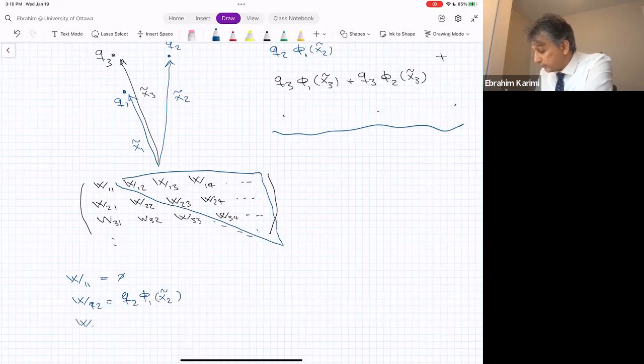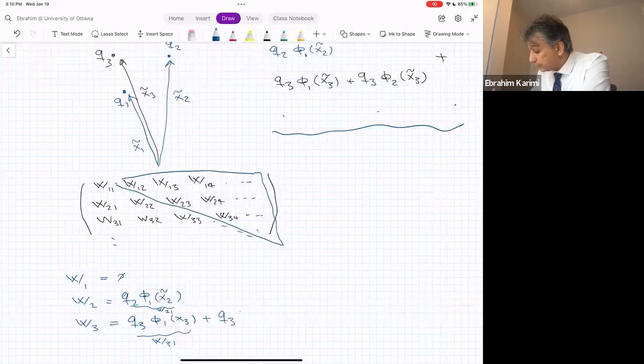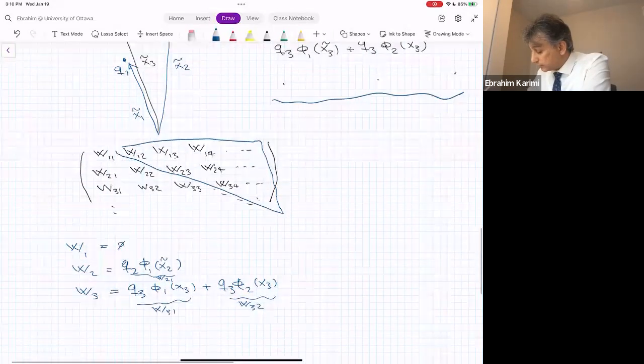Moving particle 3 will be Q3 phi 1 at x3, which we call W31, plus Q3 phi 2 at x3, which we call W32, and so on.